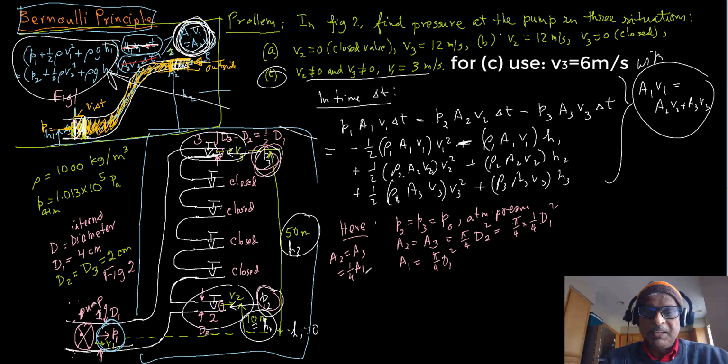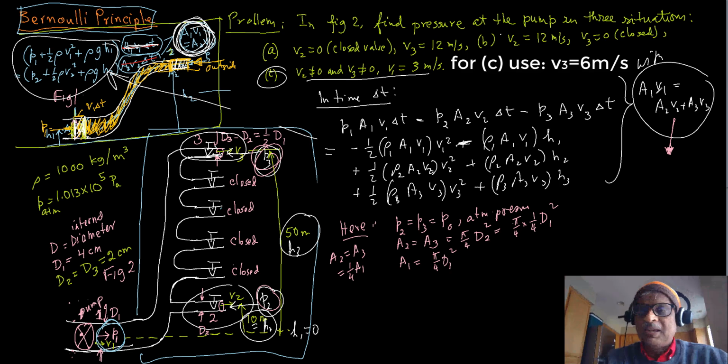So if I take A1, this equation actually becomes V2 has to be equal to V3, because A2, well, let's just keep it as it is here, right?